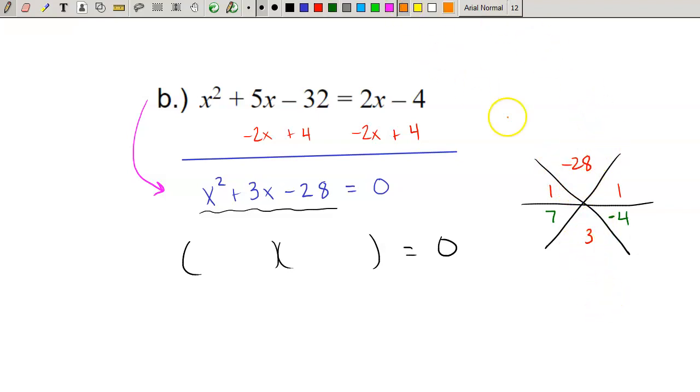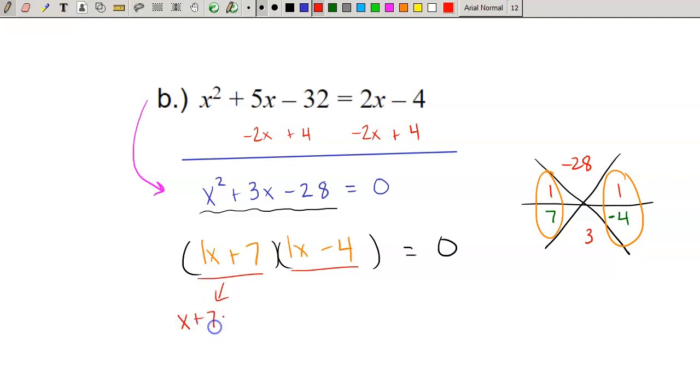Therefore, this does factor, and my answer is these two columns here, which is 1x plus 7 and 1x minus 4. So we factored it, and then we want to go ahead and solve this problem. So we're going to take each individual parentheses and set it equal to 0.